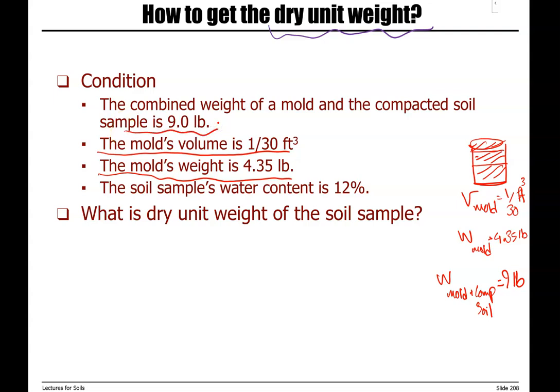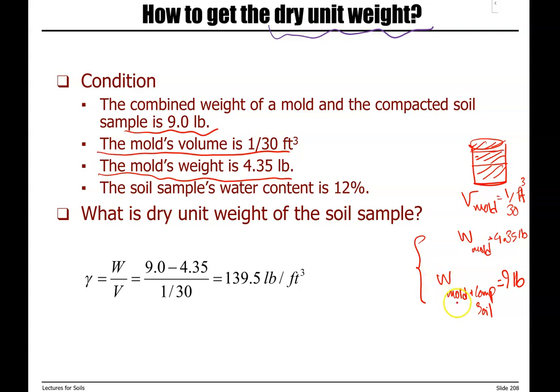What is the dry unit weight? So the difference between these two numbers, weight of mold plus compacted soil minus weight of empty mold, gives us weight of compacted soil. This is how we calculate weight of compacted soil.